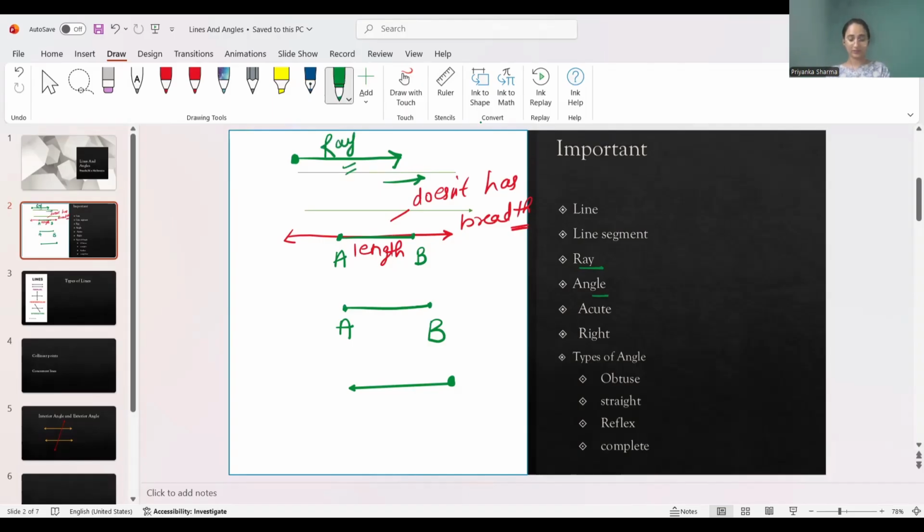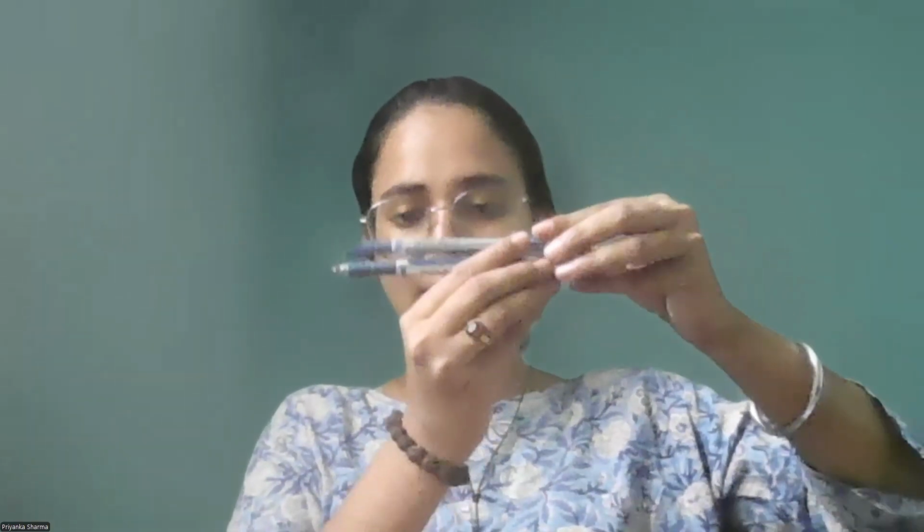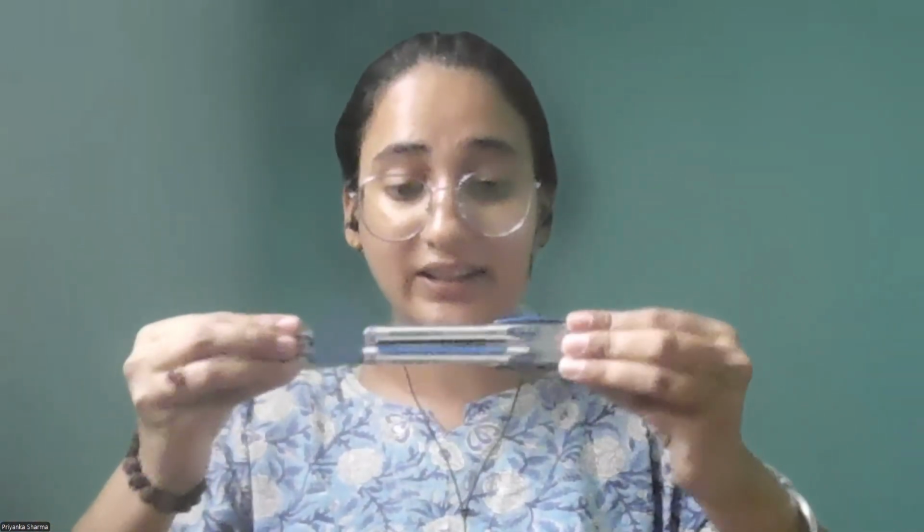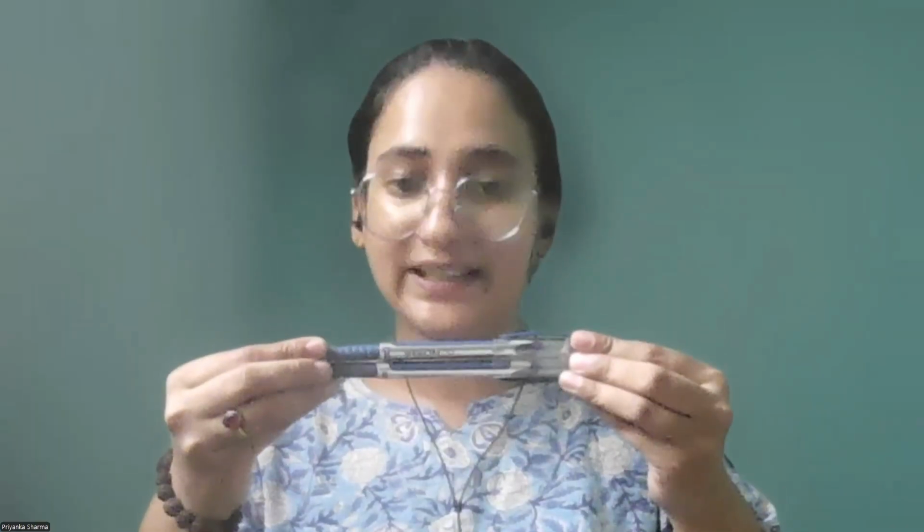Now angle. Let's assume we have two lines, line segments or rays, it could be anything, and these are overlapping each other. They are called overlapping or coincident lines.